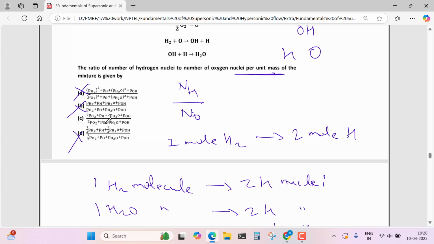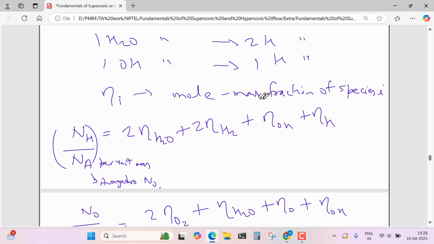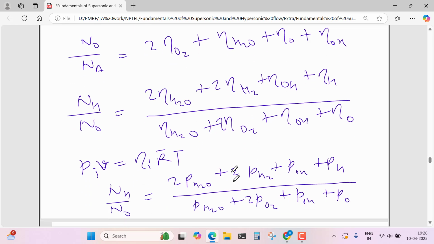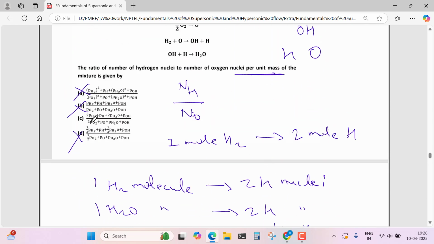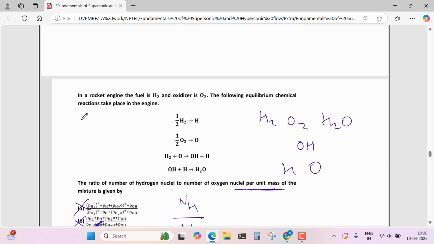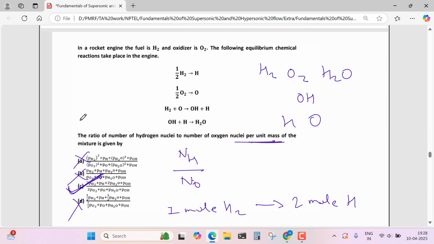In option C, the numerator has 2 for H2O and H2, and 1 for H and OH. For the denominator, only O2 has 2, and the rest, H2O, OH and O, have coefficient 1. So option C is the correct option. So option C is the answer.